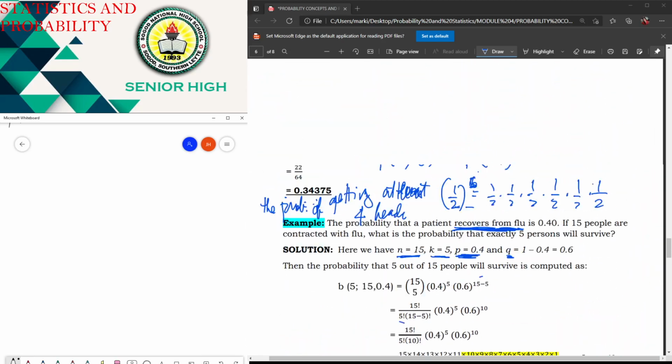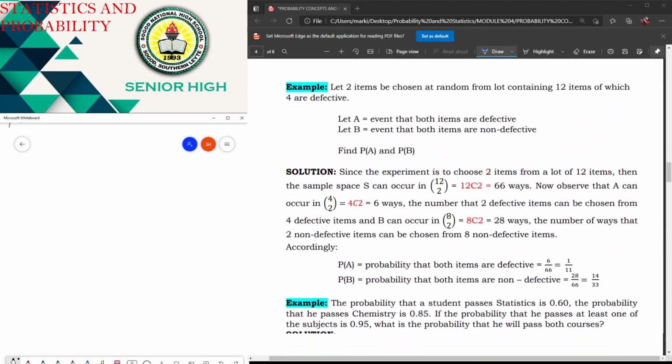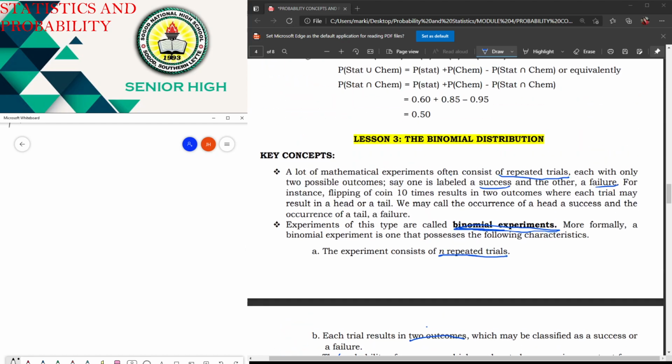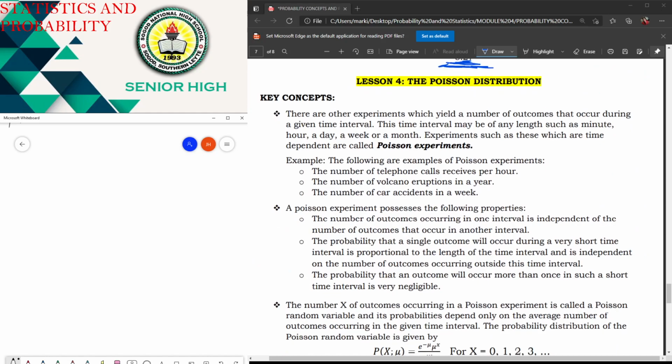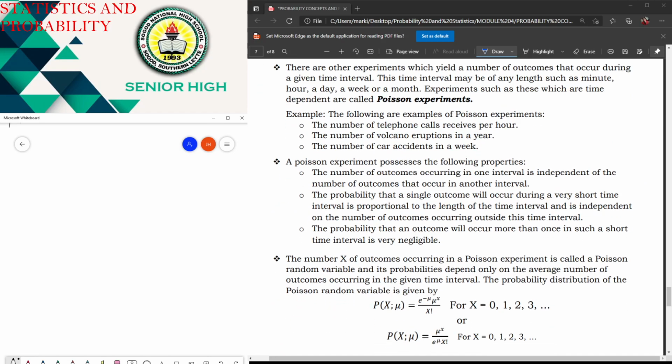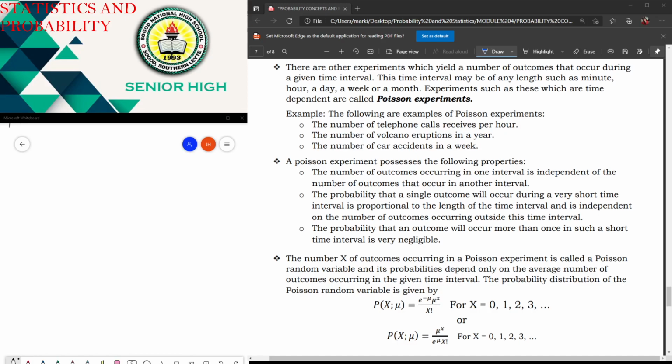Remember the difference between the binomial distribution, which consists of repeated trials, while the Poisson distribution is about a time interval. This time interval may be any length, such as a minute, a given hour, a day, a week, or a month. Experiments such as this, which are time dependent, are called Poisson experiments.